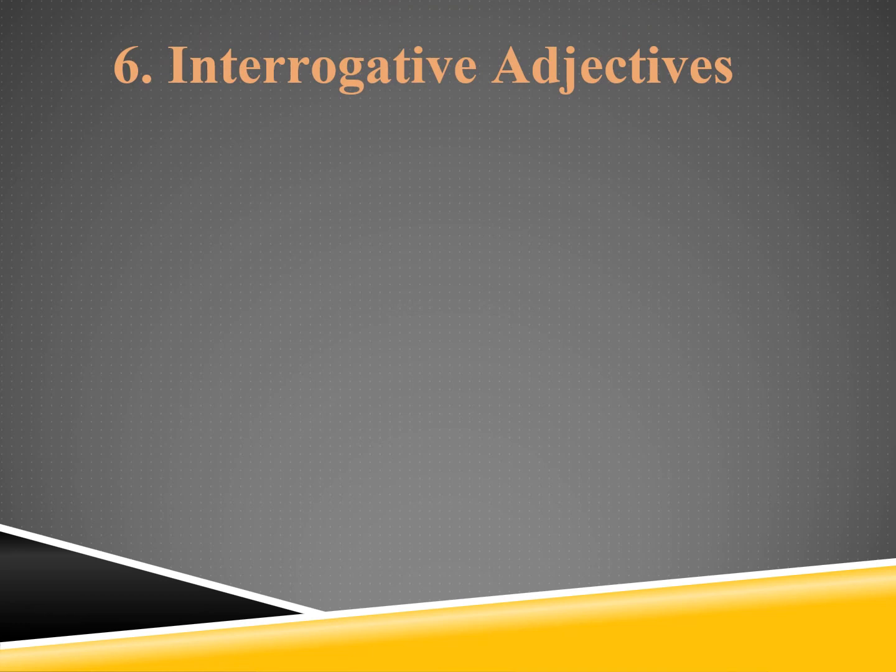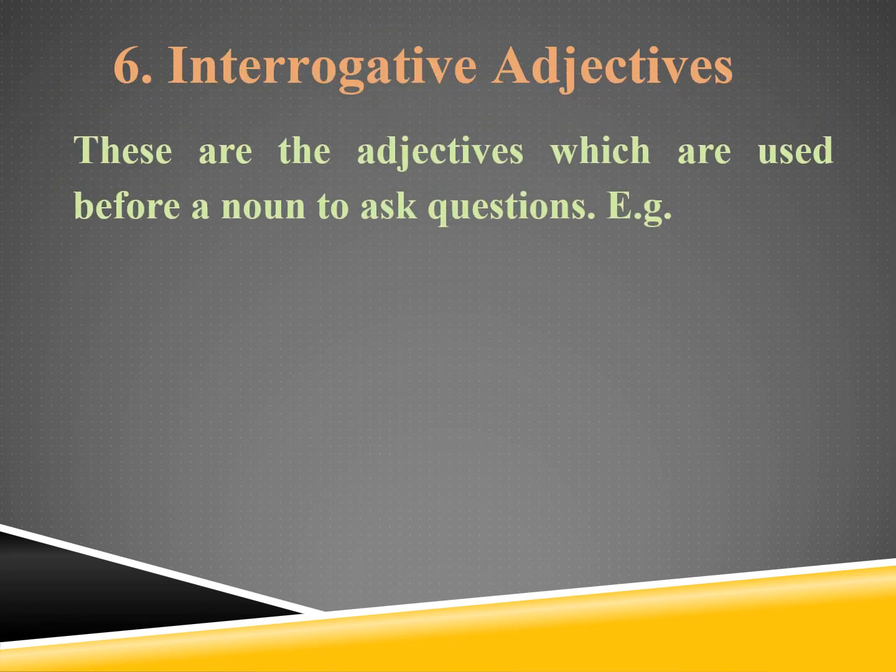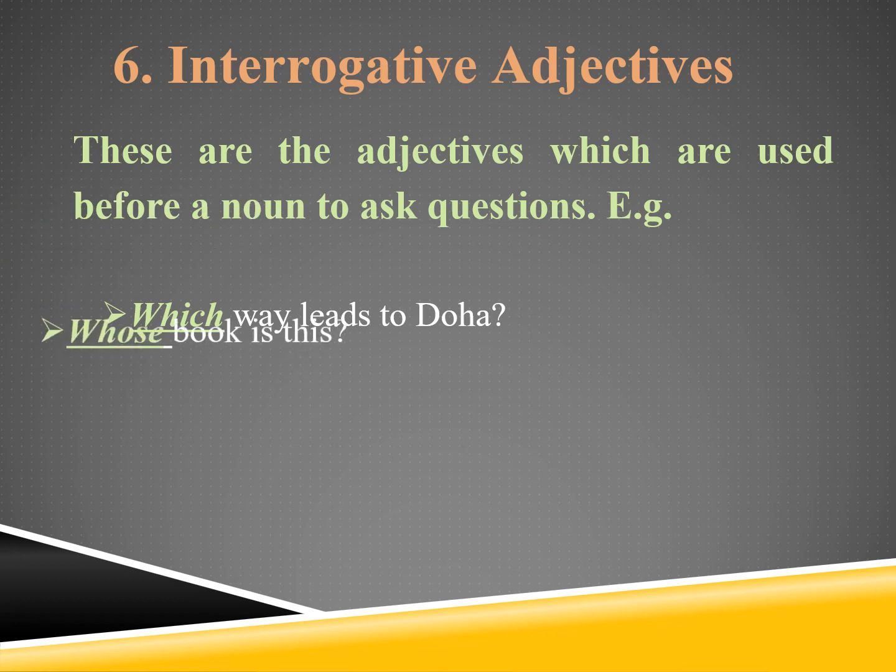Well, the next type of adjective is interrogative adjectives. These are the adjectives which are used before a noun to ask questions. For example, which way leads to Doha? The word which in this sentence is an interrogative adjective because it has been used before a noun way to ask a question.